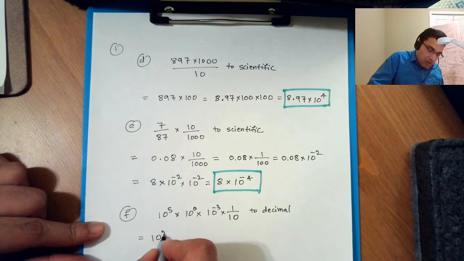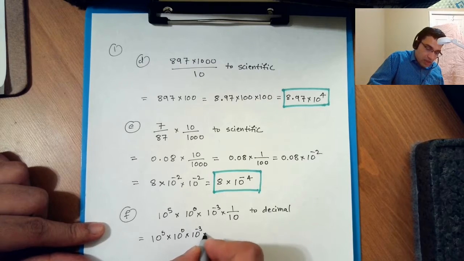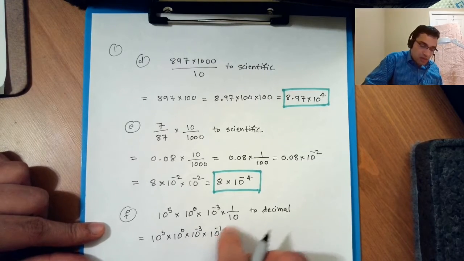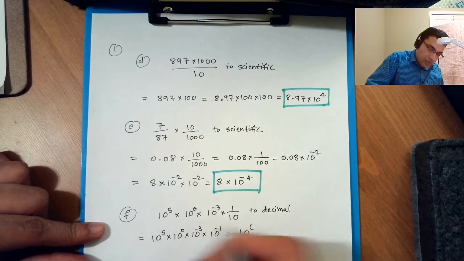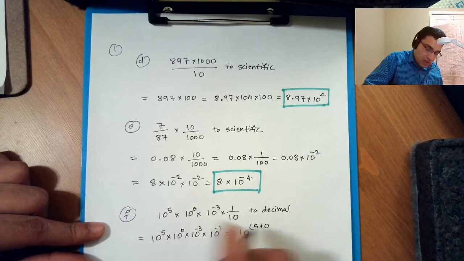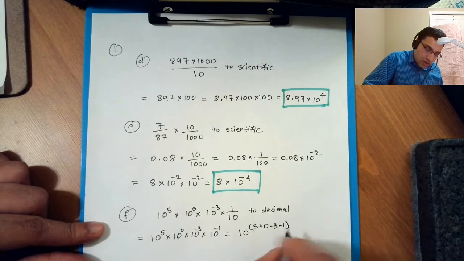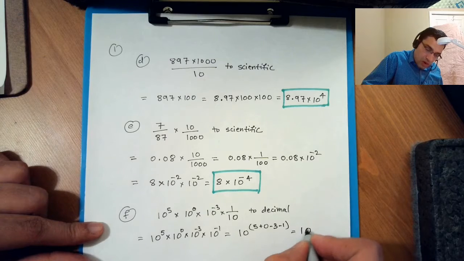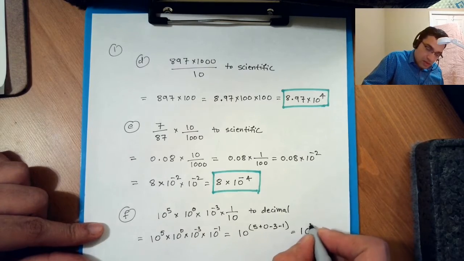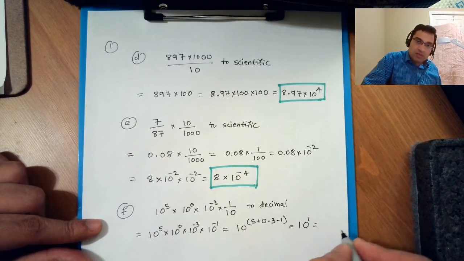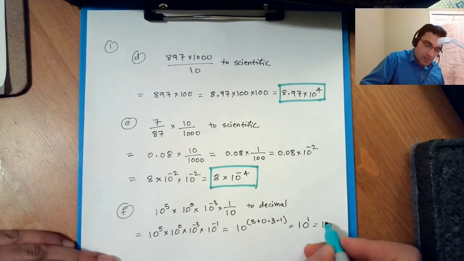So this becomes 10 to the power 5 times 10 to the power 0 times 10 to the power negative 3 times 10 to the power negative 1, which is 10 to the power 5 plus 0, minus 3, minus 1. 5 plus 0 is 5, minus 3 minus 1 is 1, which is nothing but 10. So that's it. That is the decimal format.